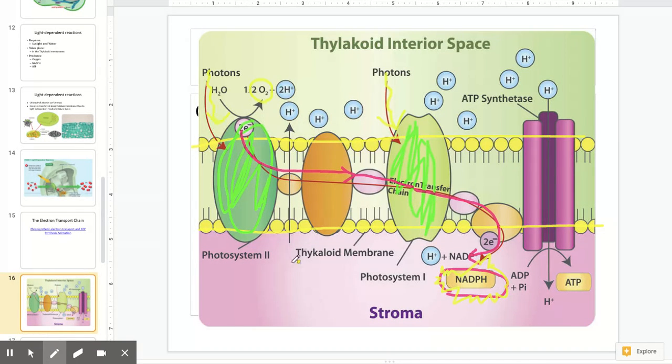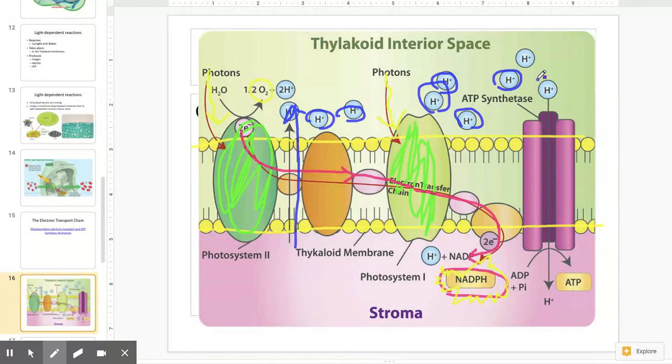Now, in the process of this electron transport chain, we have something really cool happening. Hydrogen ions are being pulled across the membrane, and they're accumulating inside here. It's a lot of them. We know about diffusion. When you have a high concentration of molecules, they're going to try to move to an area of lower concentration.